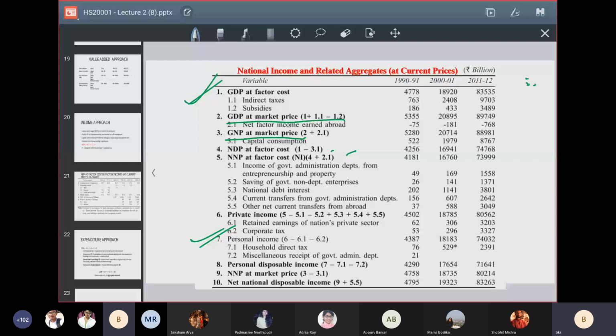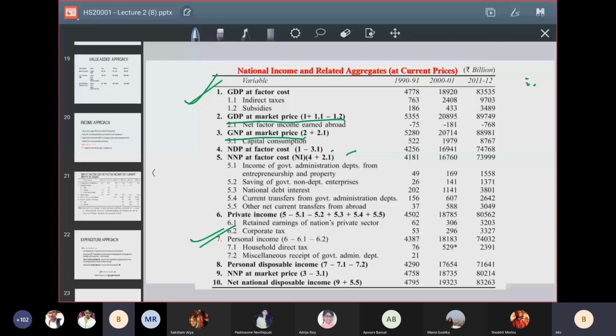Similarly, India pays factor incomes to the factors of production of other countries employed within India. So what we receive minus what we pay, that is your net factor income.